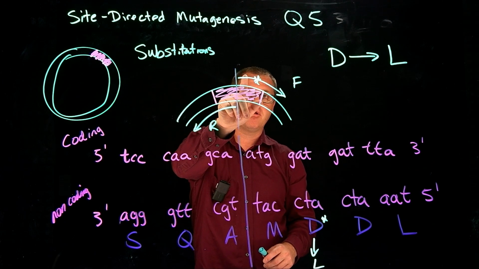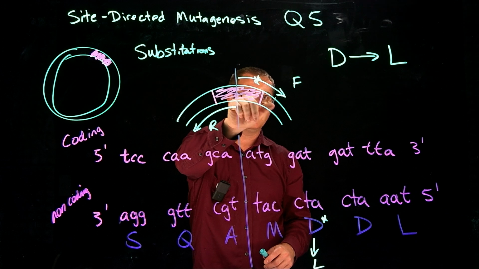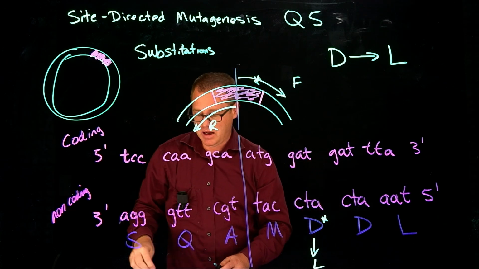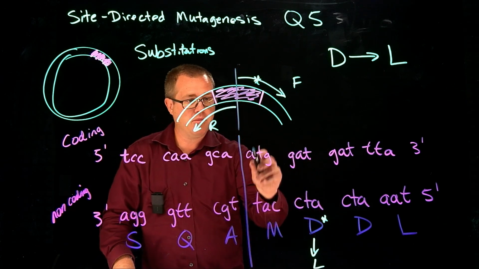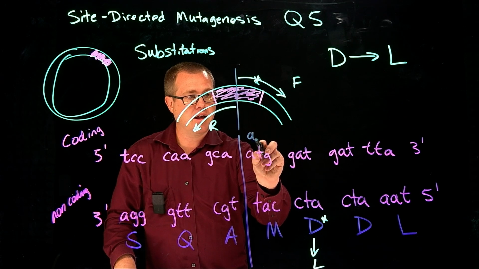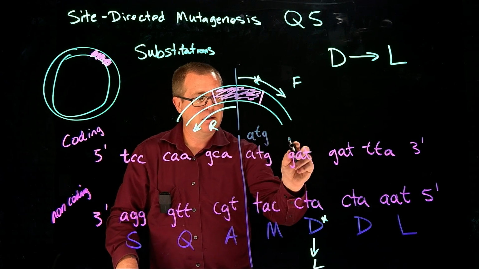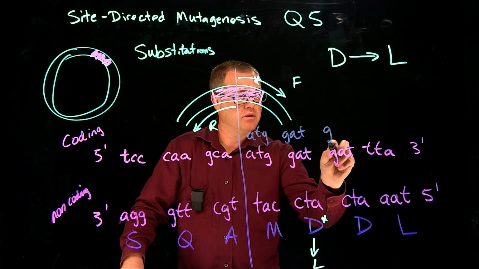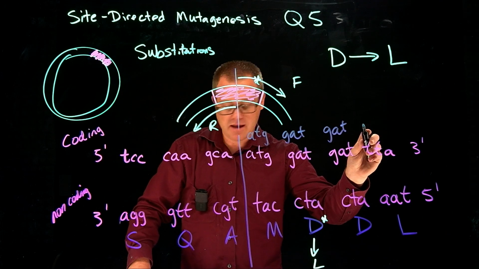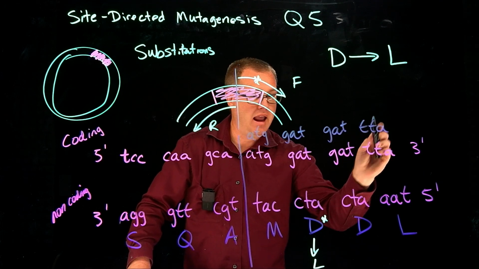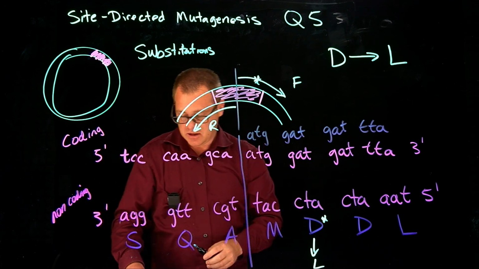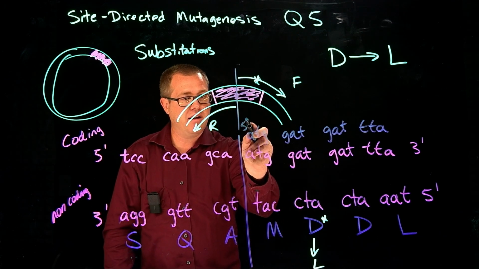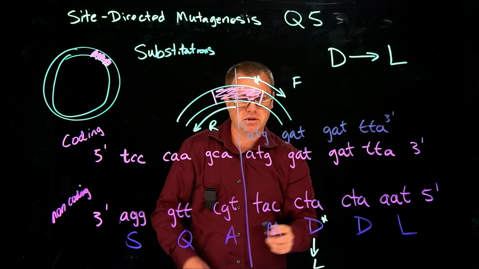This forward primer right here is on the top. So the forward primer is going to look like this: ATG, GAT, GAT, and TTA. Okay, so there's my primer in the 5' to the 3' direction.